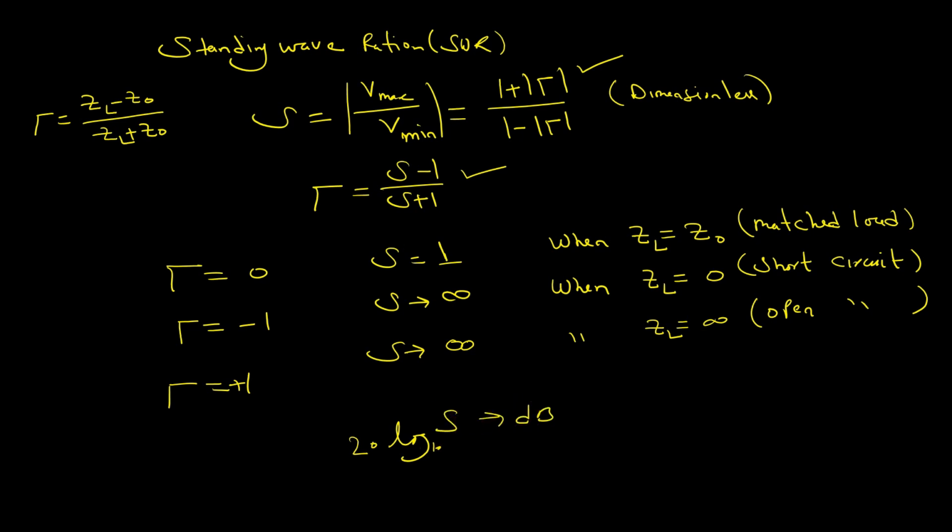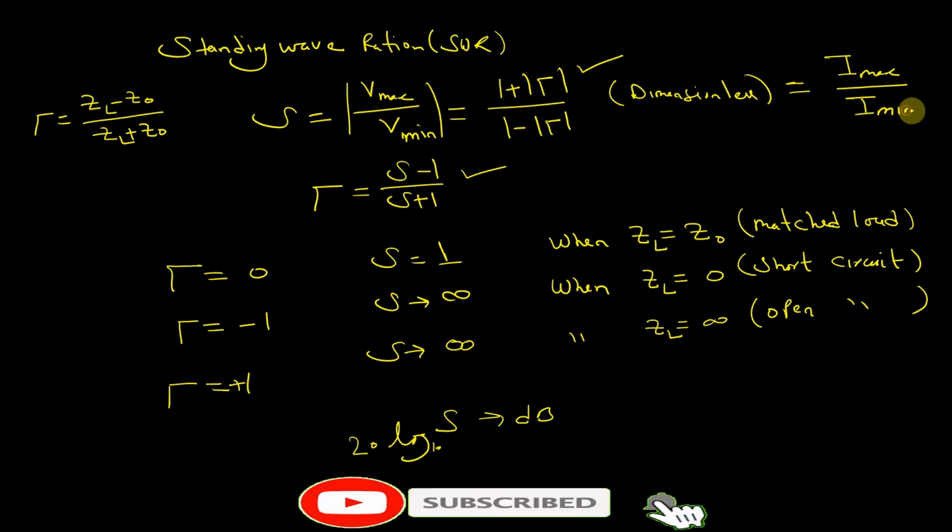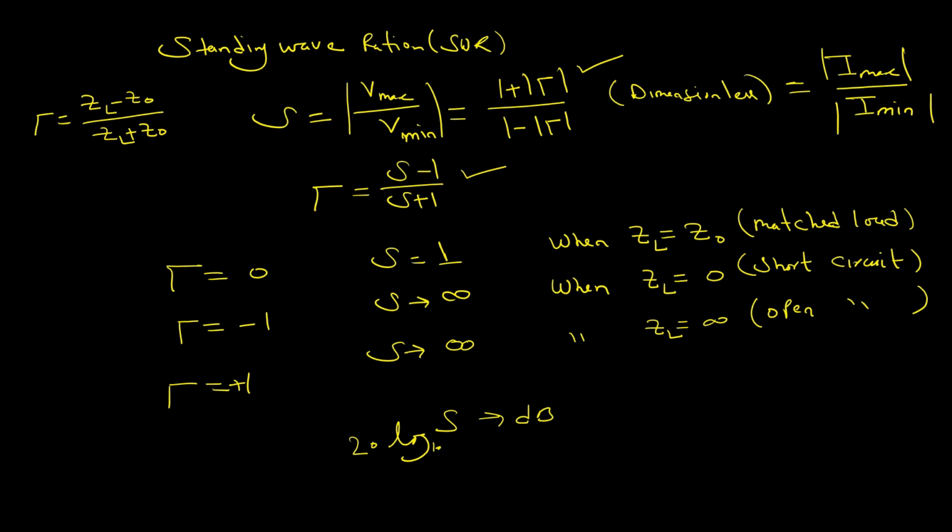We generally write the standing wave ratio in dB, as 20 log base 10 of the ratio of maximum voltage to minimum voltage. You have to remember this relation. Another relation is also true with I max upon I min. So either use voltage or current, both hold.